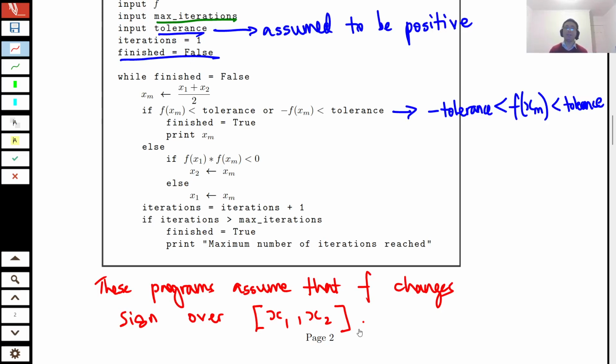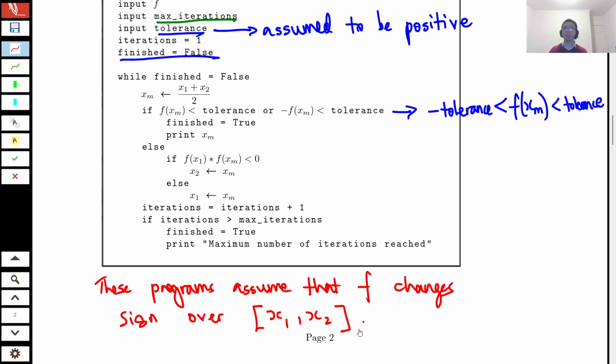If it doesn't, you have not met the conditions for the existence of a root, which the bisection method relies on. So if you wanted to, you could improve these programs further by specifying an if statement if the function changes sign. Then go through the loop and do the iterations of the bisection method.